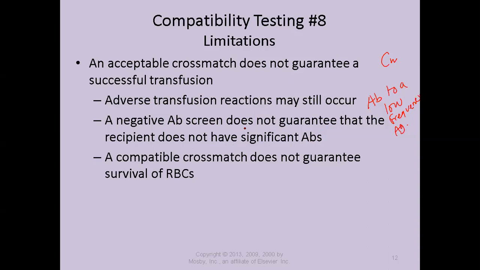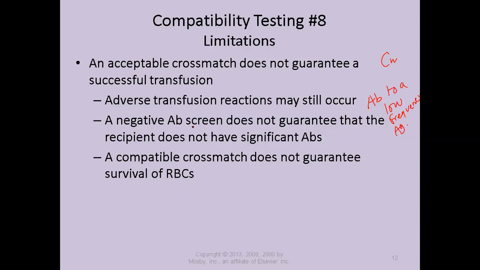Why? Let's think about antibodies to low frequency antigens like Cw. Here's a blast from our past. Remember, Cw is an antigen in the Rh system, and most people do not have the Cw antigen. However, let's say we have a patient that happens to have an antibody against Cw.